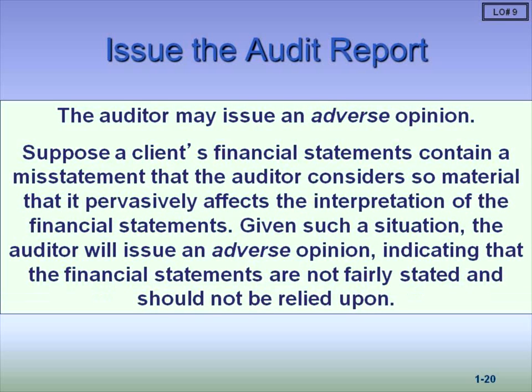We can issue an adverse report, and it's not a good report. Basically it's saying that the financial statements are not fairly presented in accordance with GAAP, and the information therein should not be relied upon by financial statement users.